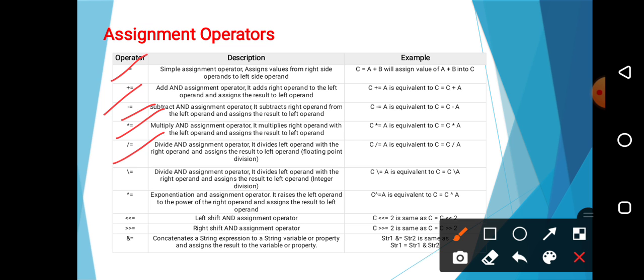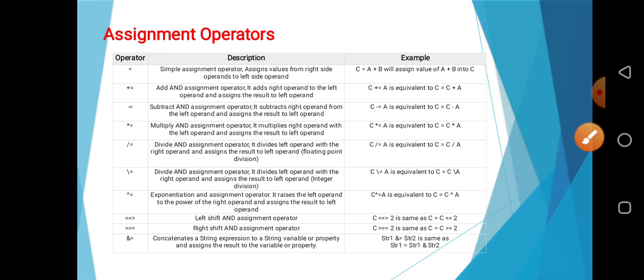We can use these different assignment operators in a project according to our requirement. So we have the assignment operators equal, plus equal, minus equal, divide equal, after that the power operator, and then the left shift operator, right shift operator, and concatenate operator. So this is all about the assignment operators.